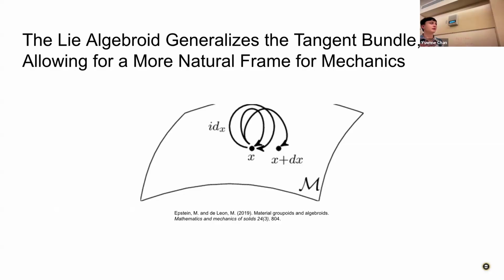One way to explain the difference is that the identity element, or basically the number one, in a Lie algebra takes a point of the manifold and brings you back to that exact same point, whereas the identity on a Lie algebroid might shift that point a little bit. It might be a little confusing how that relates to mechanics, but over the last 20 or so years, it's been found that Lie algebroids allow for a more natural frame for mechanics.